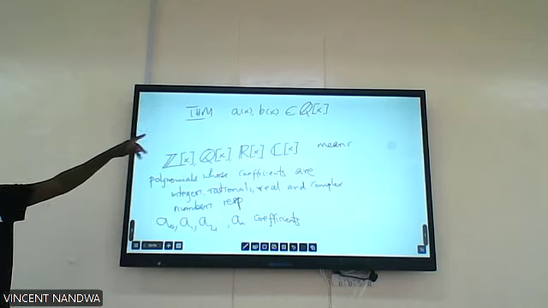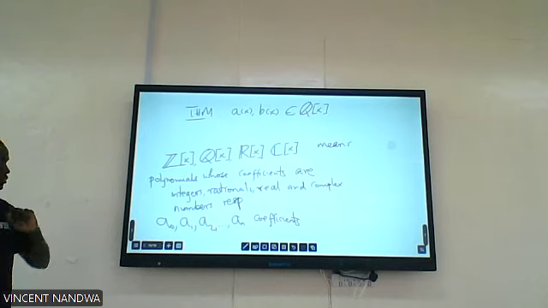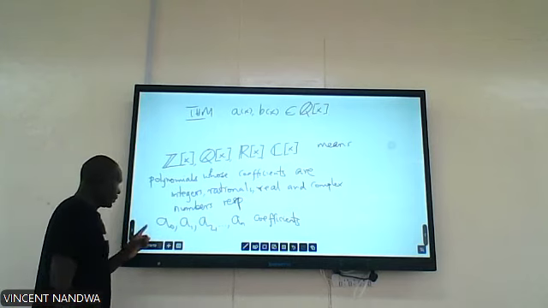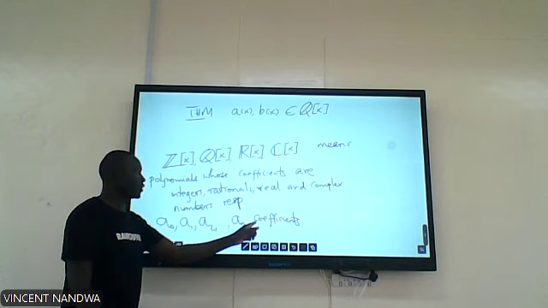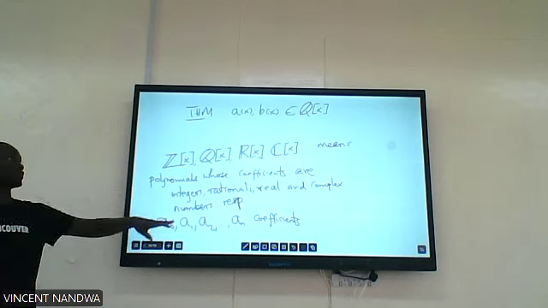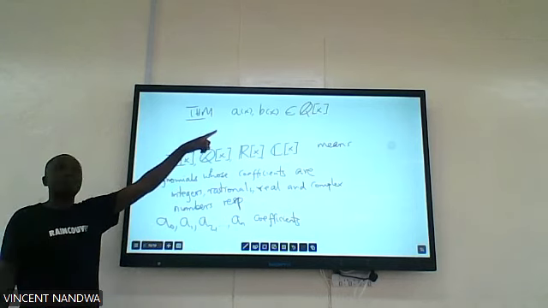So here it means that we have two polynomials where any of the coefficients is of the form of a ratio.